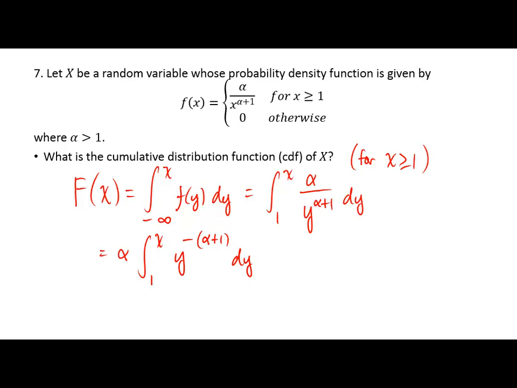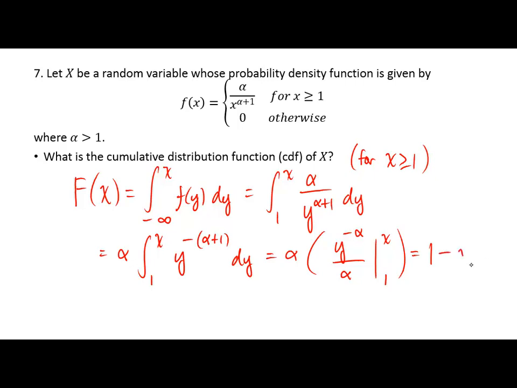The integral is going to be very similar to what we saw before. This is going to be y to the negative alpha divided by alpha, evaluated at 1 and x. Again, I'll skip over some details out of interest of time.